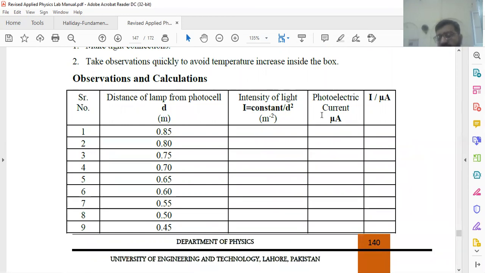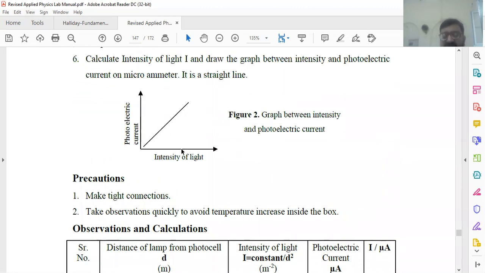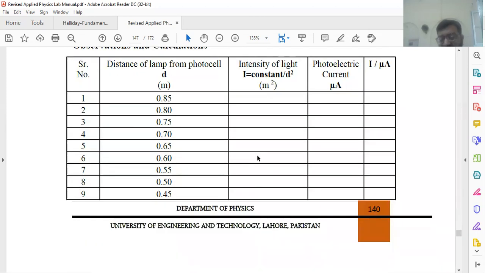The current will be determined from the ammeter, and the ratio will show us that this ratio is constant. If you keep on increasing the intensity, the photoelectric current will increase as a result. So this is the photoelectric effect experiment and determining the intensity of light. In the next video I will show you the performance of the experiment as well.